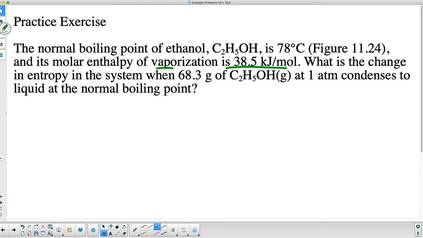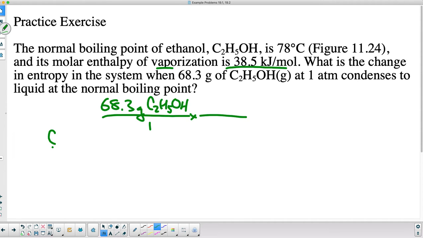What's the change in entropy in the system when 68.3 grams of C2H5OH? So the first thing I do is change this to moles, because that's what I do. Let's see what we got here: 12, 24, 6 times 1 is 6, and 1 times 16 is 16.